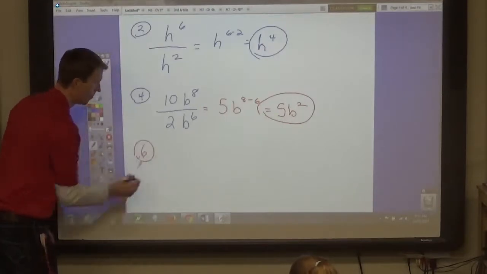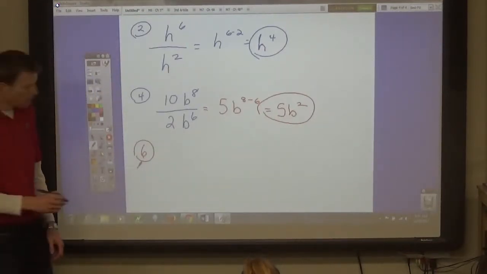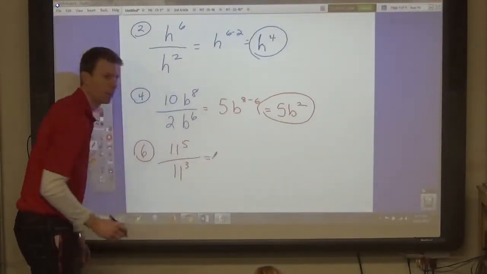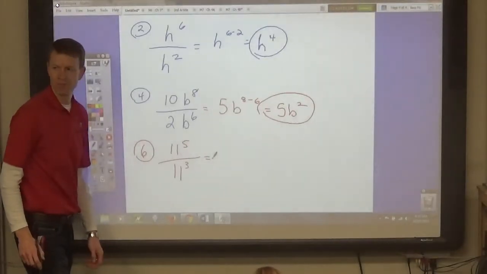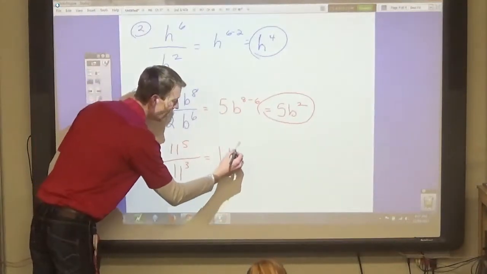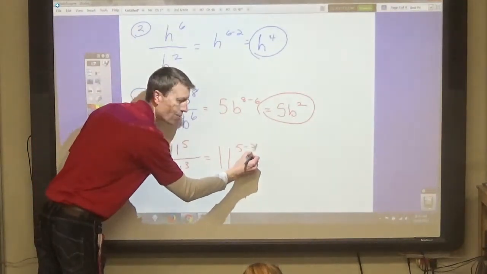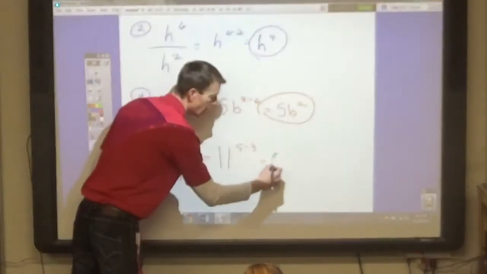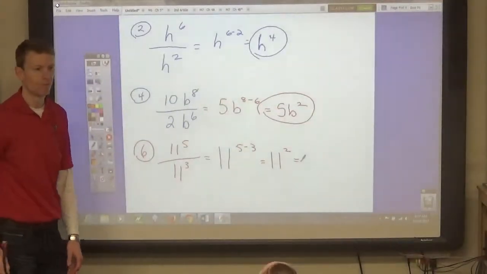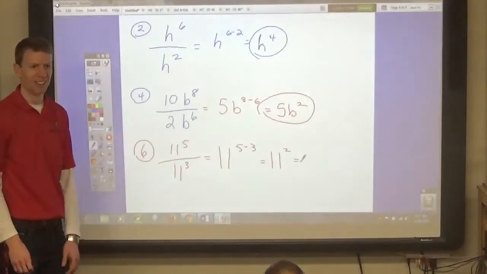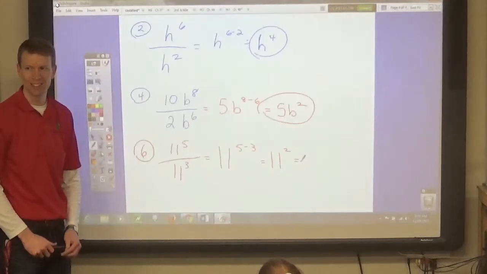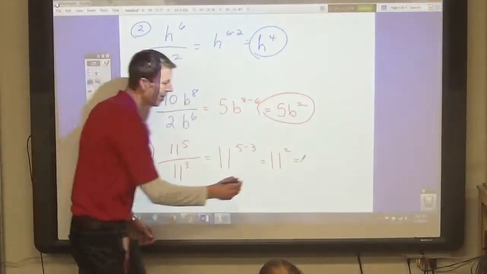Number 6. 11 to the 5th over 11 to the 3rd. Come on, people. 11 to the second. 11 to the 5th minus 3, follow the pattern, equals 11 squared, which equals what? 22. 11 times 11? It's not 22. 121.